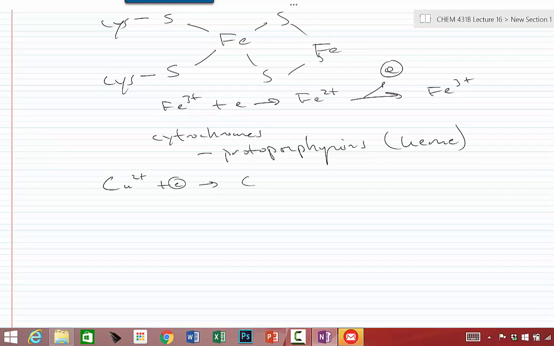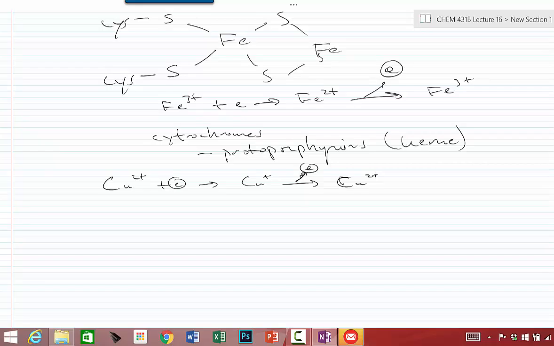So cupric copper gets reduced to cuprous copper. And of course, it can give up an electron as well, going back to copper 2+. So copper is another direct binder. It binds directly to the electrons.